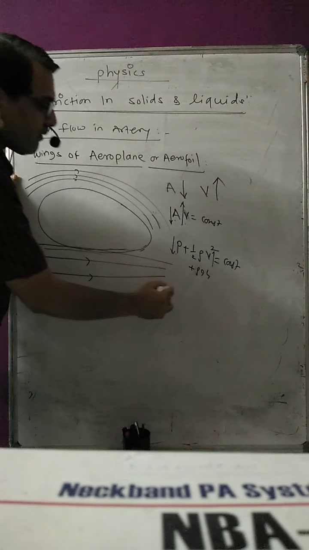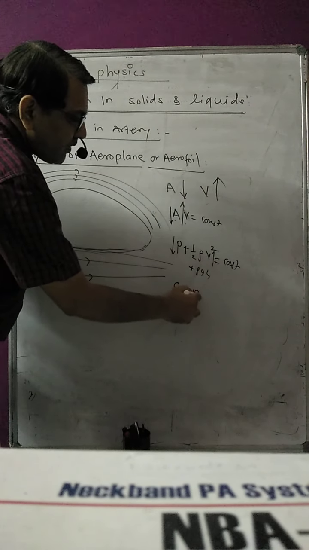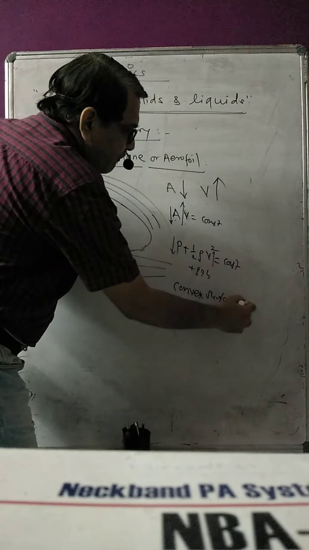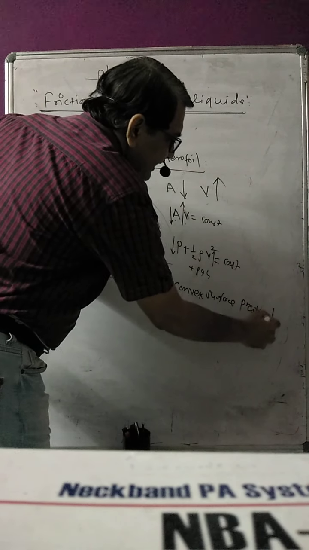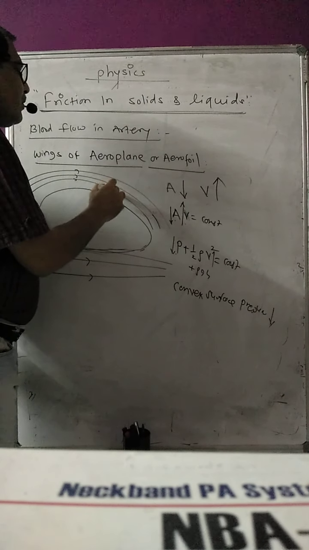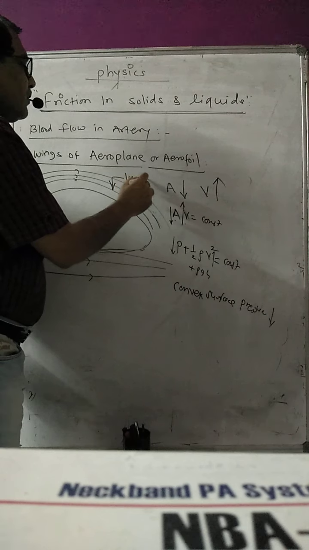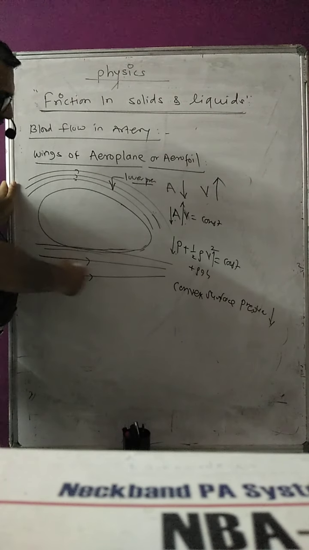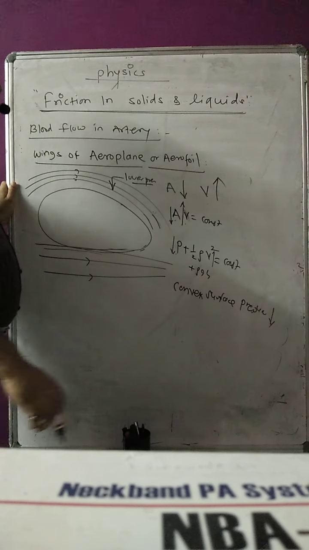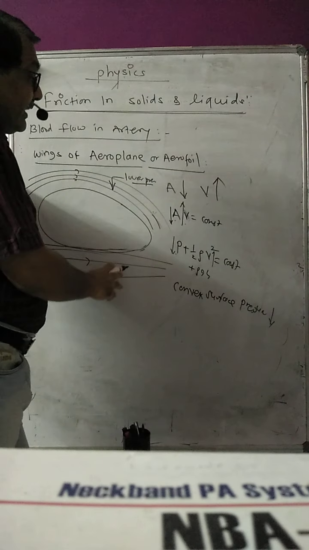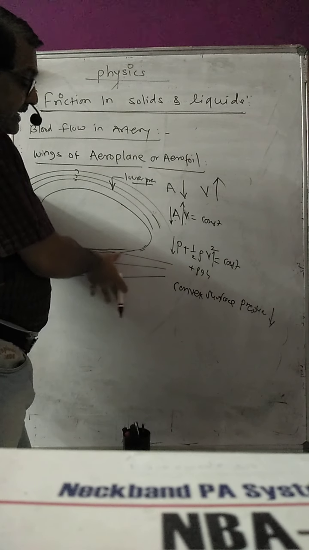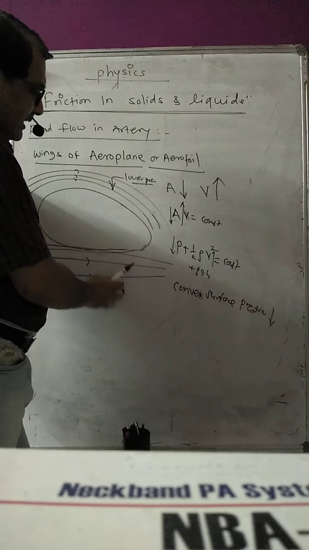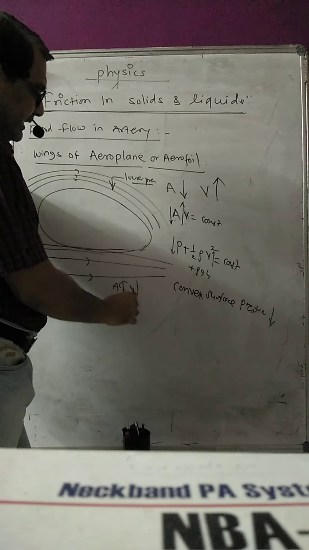So at the convex surface, the pressure decreases and it becomes the lower pressure. Below that, the streamlines go parallel, so the area is larger and therefore the velocity decreases.